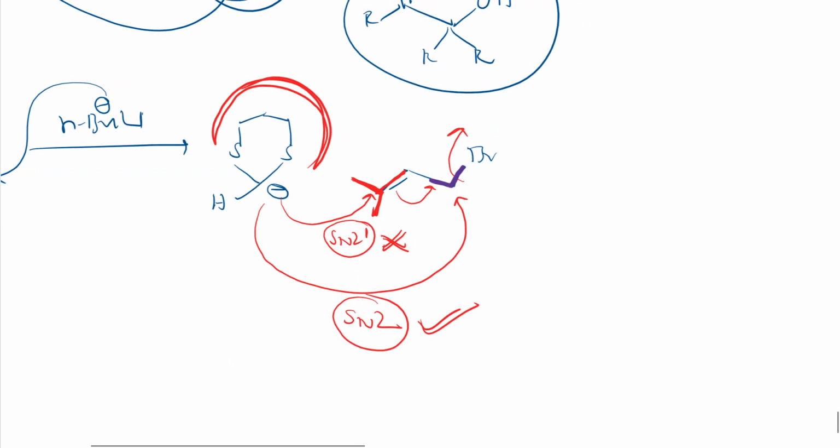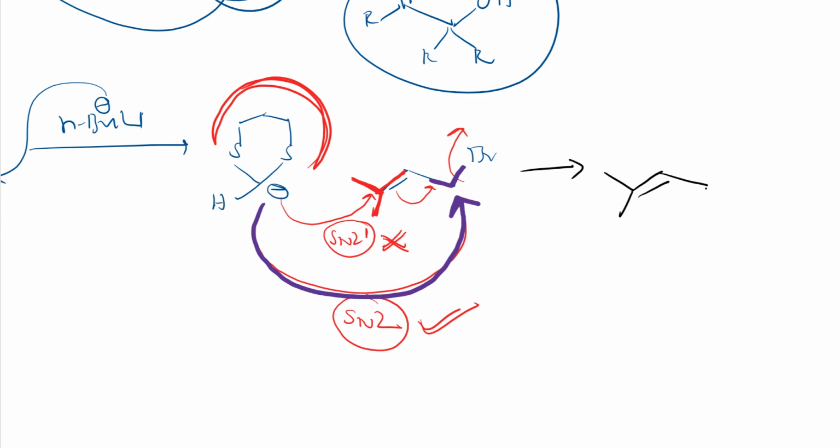So I'll get only this product. It will attack directly here and this bromine leaves the system and I will get this product, see here. Other things remain as it is. So it attacked directly here, this carbon which is attached to the double bond. Let me write all the steps here for this reaction, right?